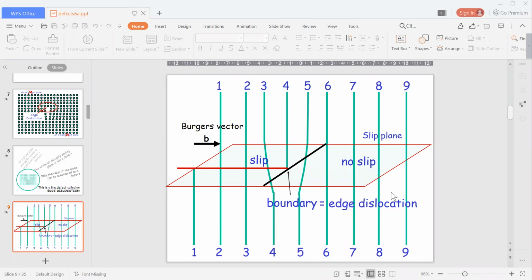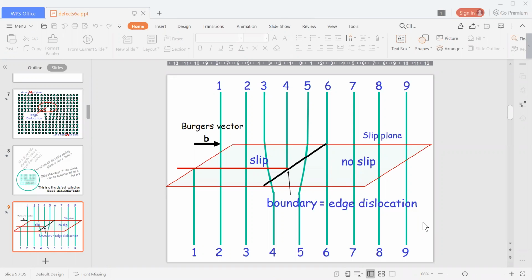So what I have explained is, under the influence of the load, the migration of atomic planes happens only on a particular plane, and that particular plane is referred to as the slip plane.